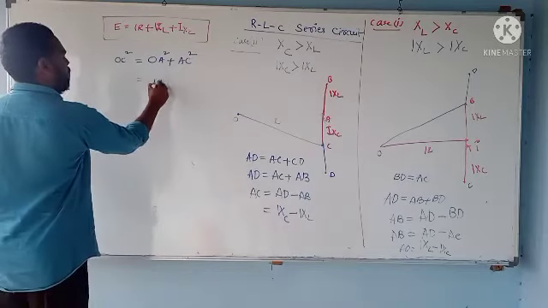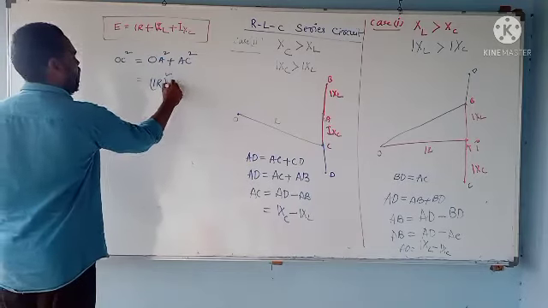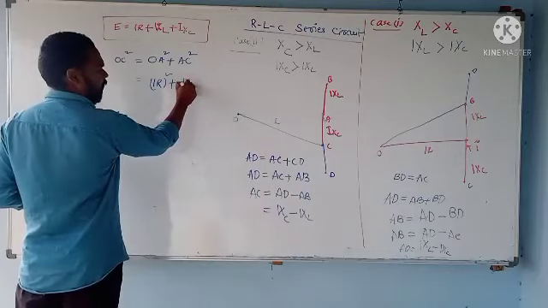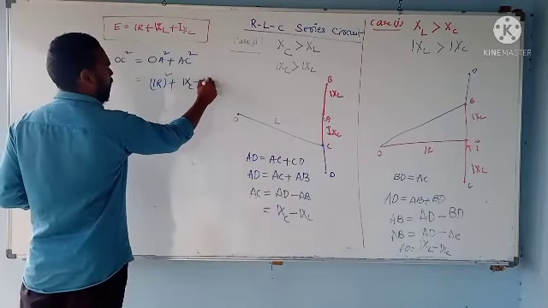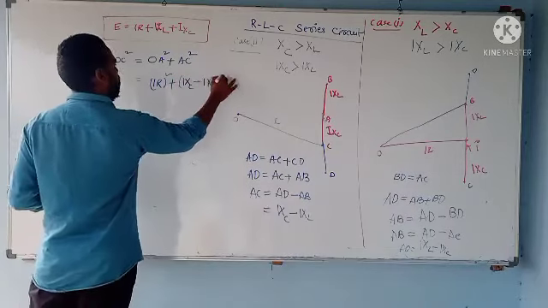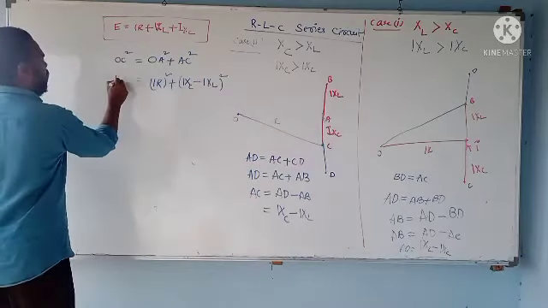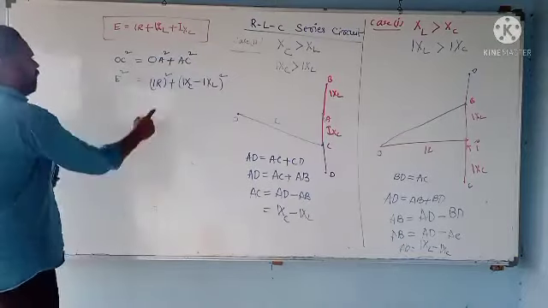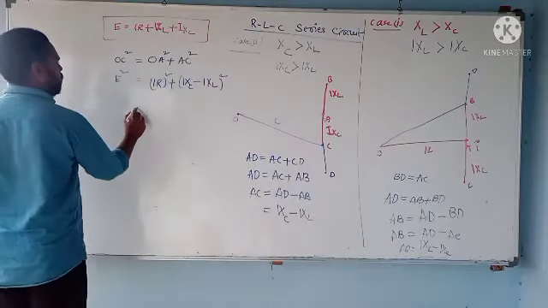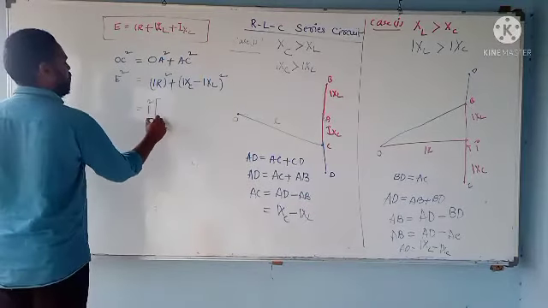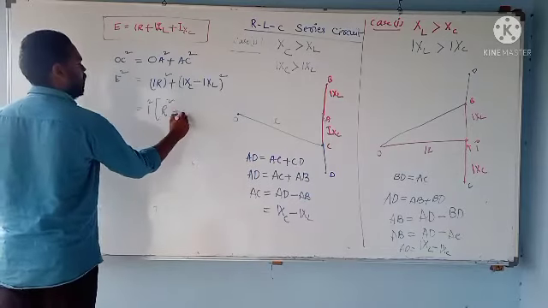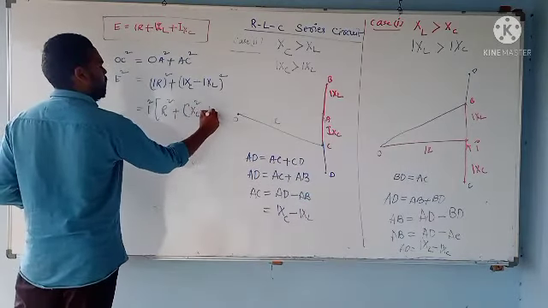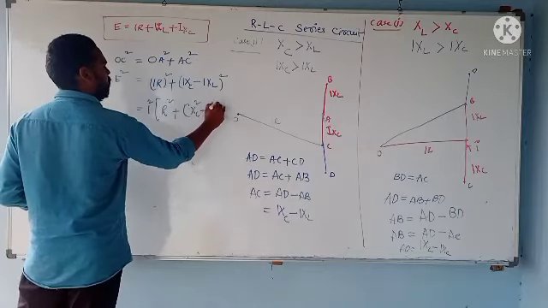OA anyhow is IR, square plus AC, which is nothing but IXC minus IXL, whole square. And anyhow OC is equal to, I can write it as E square, because the sum will be equal to the total supply. I square R square plus XC square minus XL square.